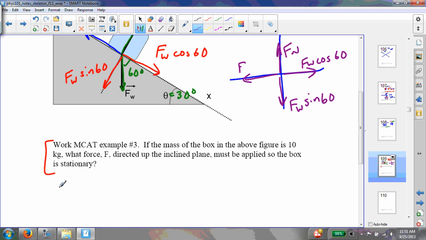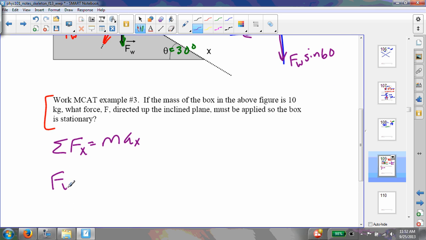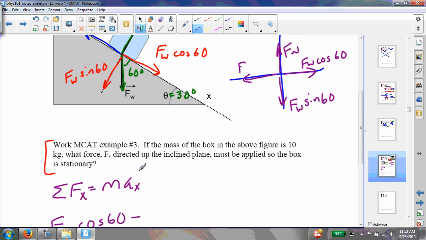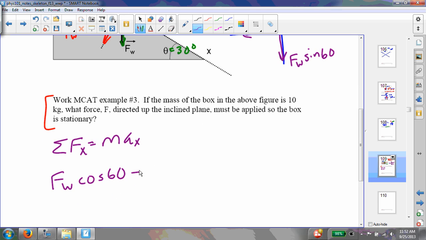I've already done that for the y, but I'm going to do it for the x. The sum of the forces in the x direction equals MAx. The sum of the forces in the x direction is Fw cosine 60 minus F equals MAx. Ax happens to be 0 in this case because it's stationary, so that's equal to 0.